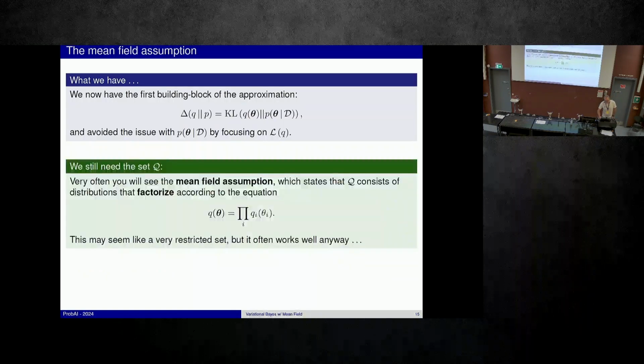What this thing here means is that I'm explicitly not considering distributions that enforce correlation between each of the parameters in my model.